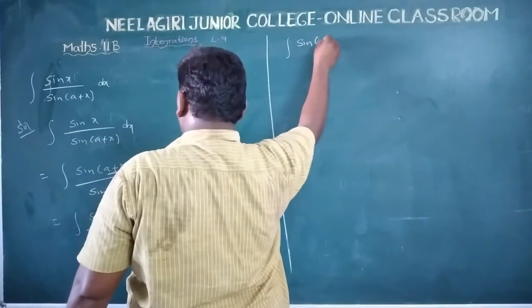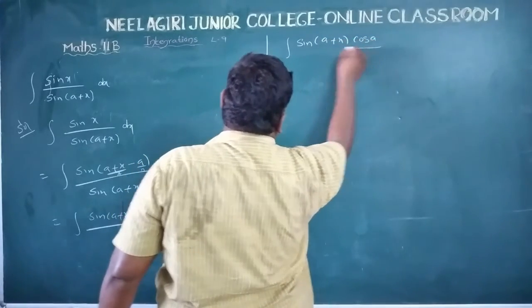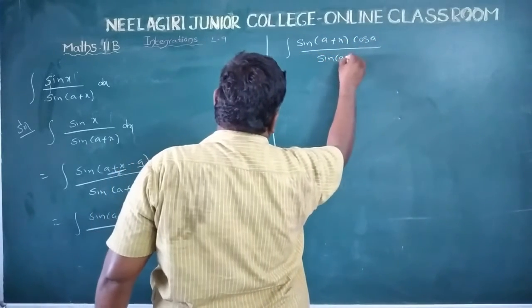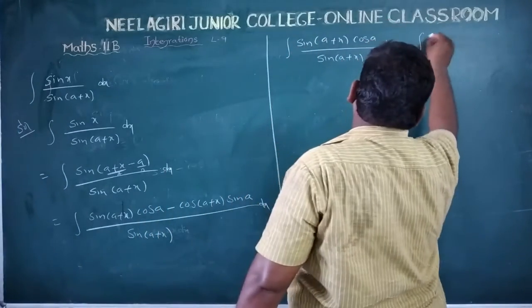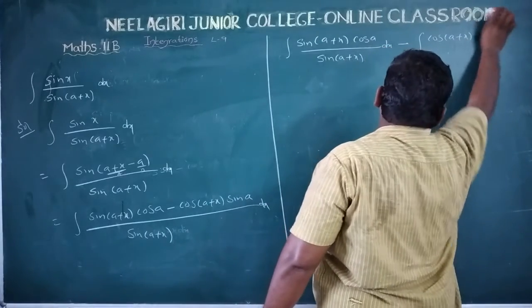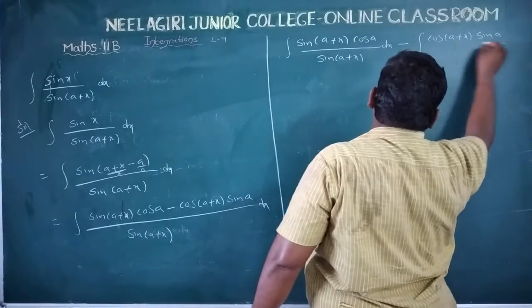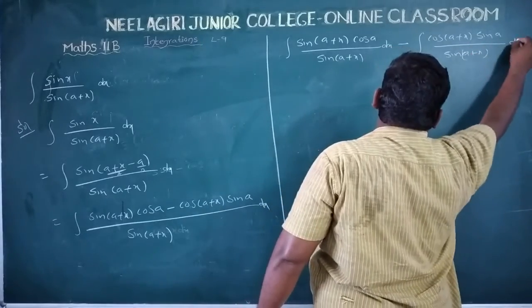Integration of sin of a plus x into cos a by sin of a plus x dx minus integration of cos of a plus x into sin a by sin of a plus x dx.